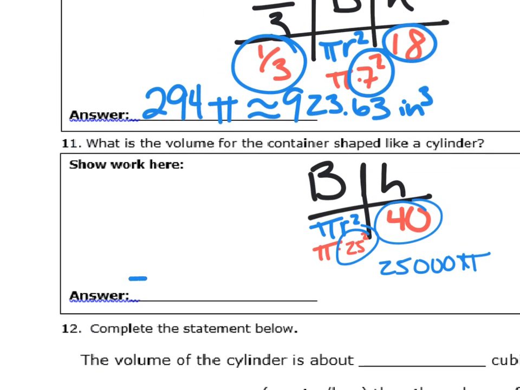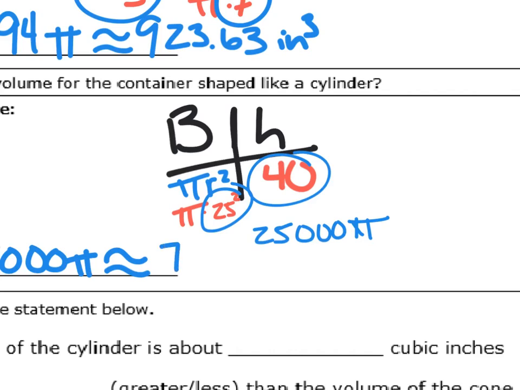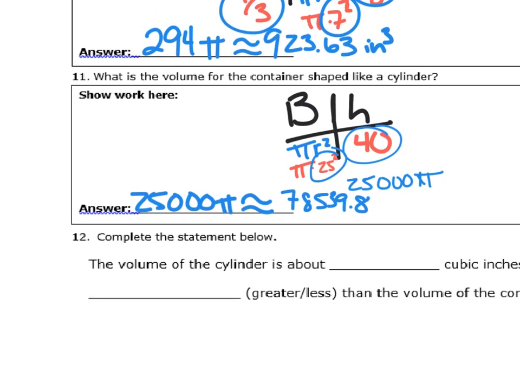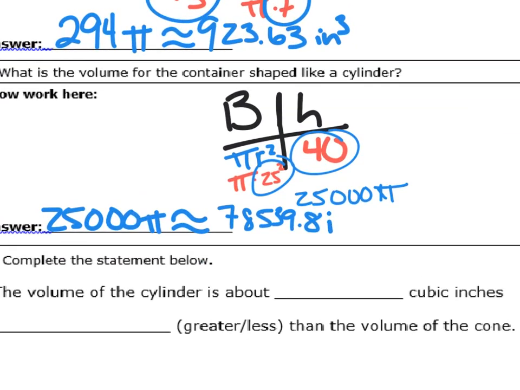So my answer is 25,000 pi, which is approximately 78,539.8. And then inches cubed.